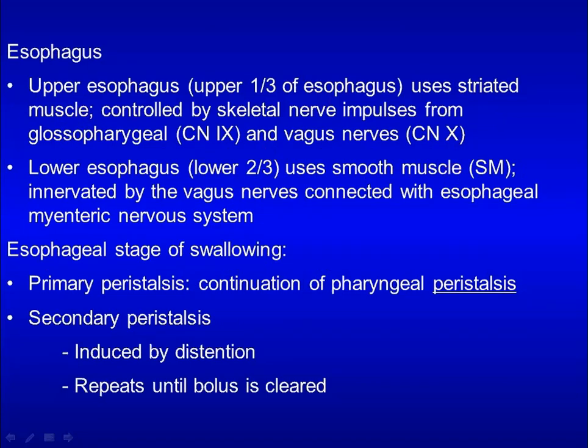It is controlled by vagus nerves connected with the esophageal myenteric nervous system. In the esophageal stage of swallowing, primary peristalsis is a continuation of pharyngeal peristalsis. Secondary peristalsis is induced by distension of the gut wall. It repeats until the bolus is cleared.